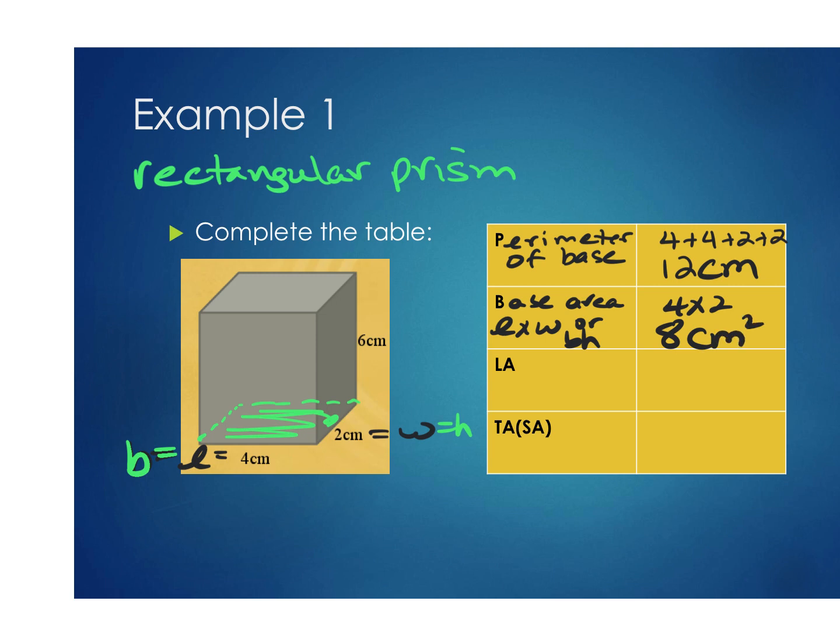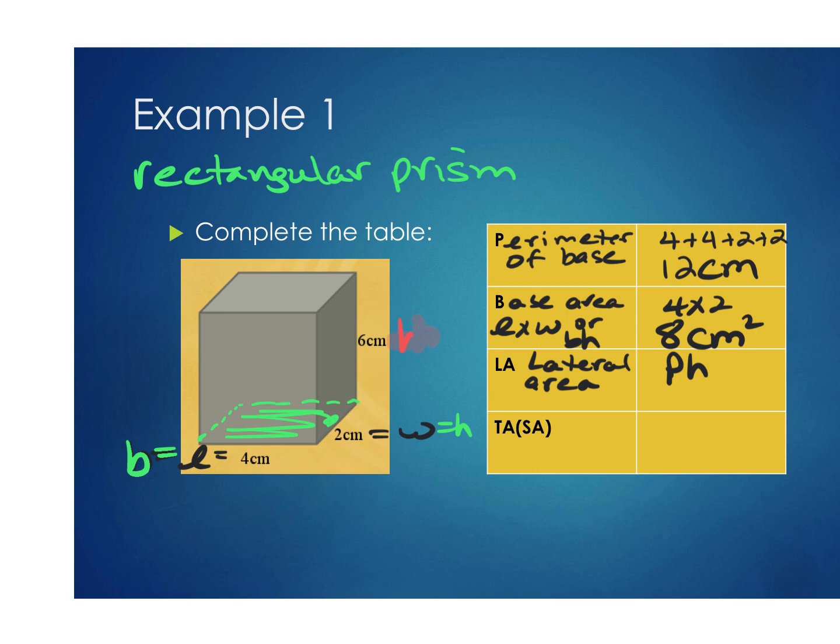And the formula for lateral area, LA stands for lateral area, is going to be perimeter times the height of the prism. The height of my prism is this 6 over here.